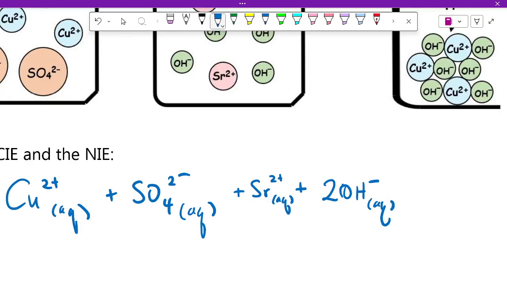So anytime you have anything that is aqueous, you split them apart, making sure you use the coefficients and the subscripts to tell you the number of particles. And then, sometimes I have to do it on the second line because it's too long.